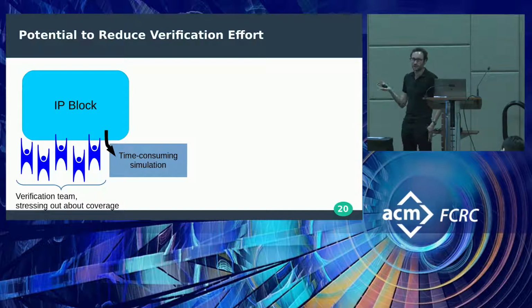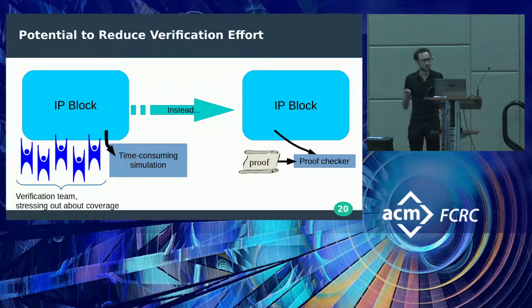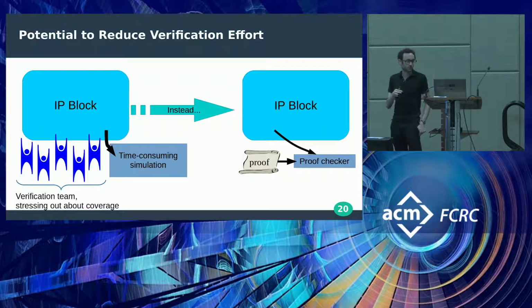Every time you change something, there's a significant verification effort, if for no other reason than to rerun lots of simulation test cases. With this proof-based approach, if you wrote your proof correctly with the right kinds of automation, when you make some changes to your IP block, you can rerun your proof completely automatically without new engineering effort. And if the proof checker gives you the thumbs up, then you're good.